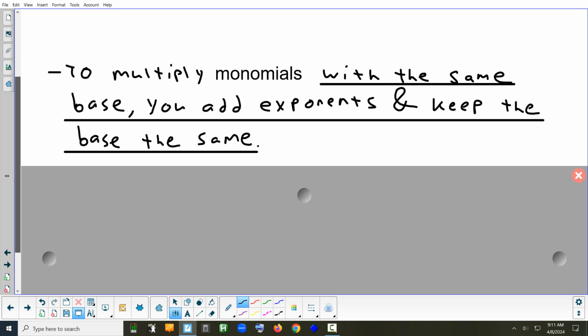If they don't have the same base, you can't do anything. Okay, so to multiply monomials with the same base, take your exponents and add them up, and keep the base exactly the same that it was. If it was a, keep it as a. If it was x, keep it as x. If the base was a 5, keep it as a 5.